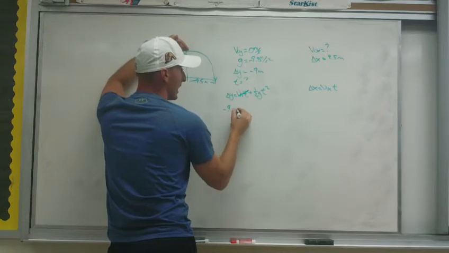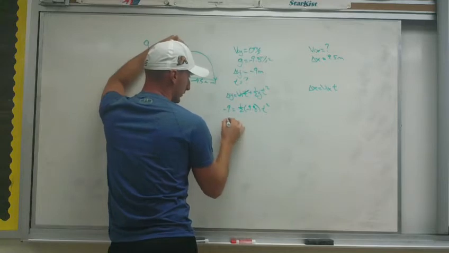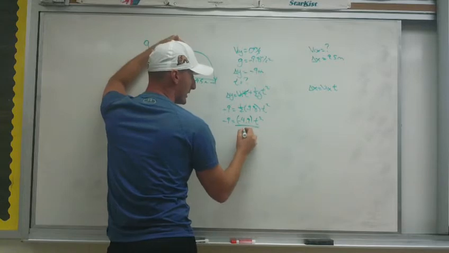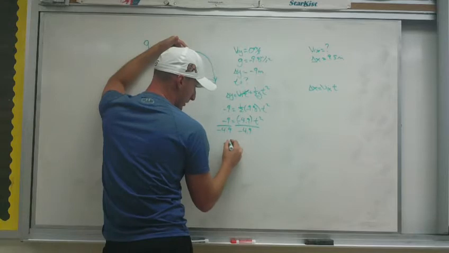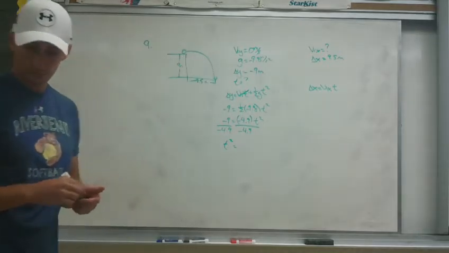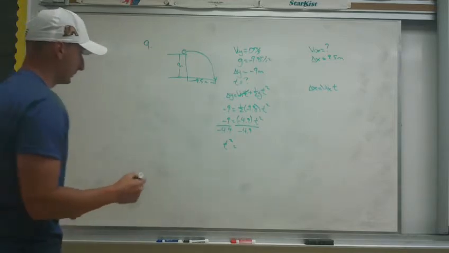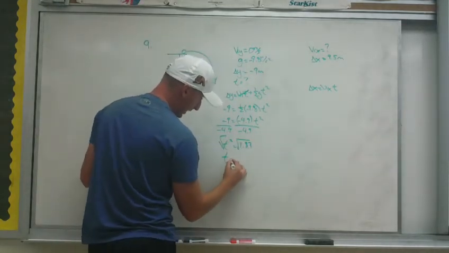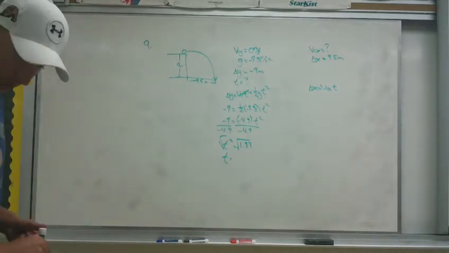Negative 9 equals 1/2 times negative 9.8 t squared, so negative 9 equals negative 4.9 t squared. Divide by negative 4.9: t squared equals 9 divided by 4.9, which is 1.83. Square root, and we get time equal to 1.35.